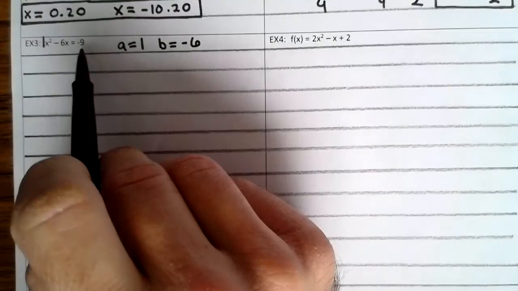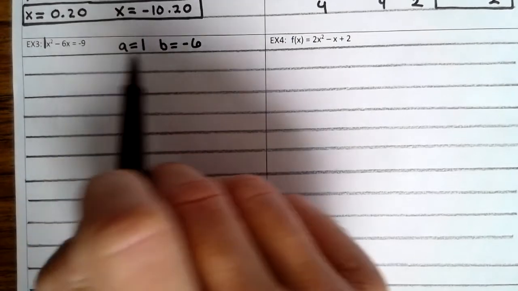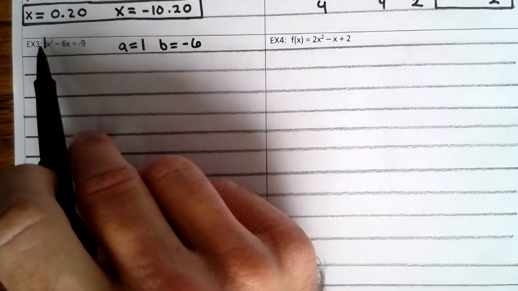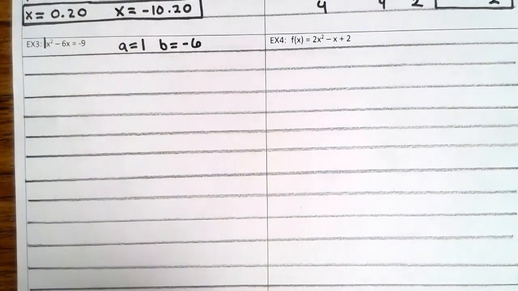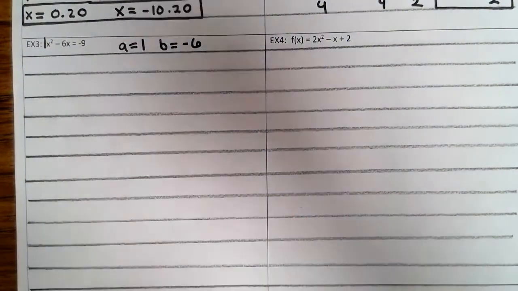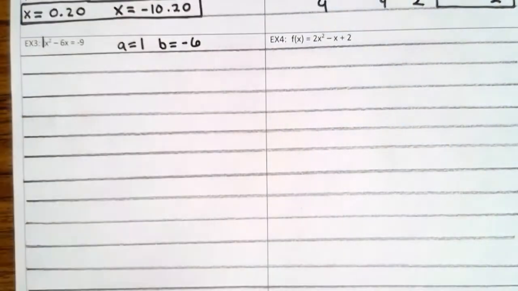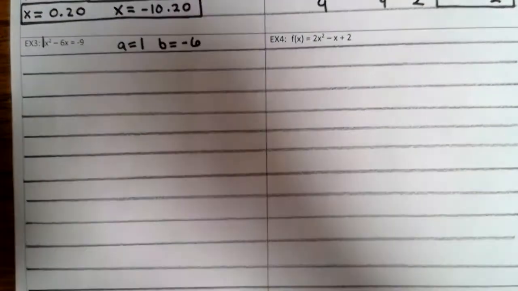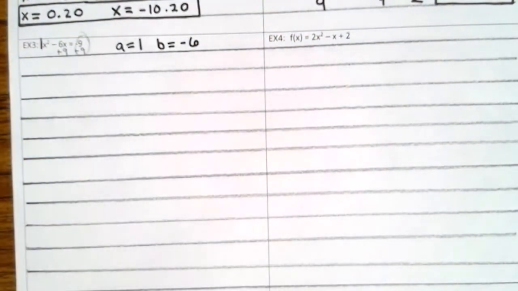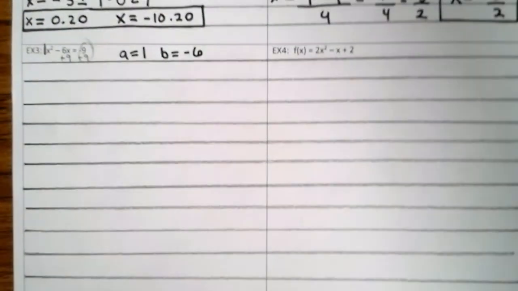So what we need to do is add 9 to both sides. So that becomes 0, and our c value becomes 9.